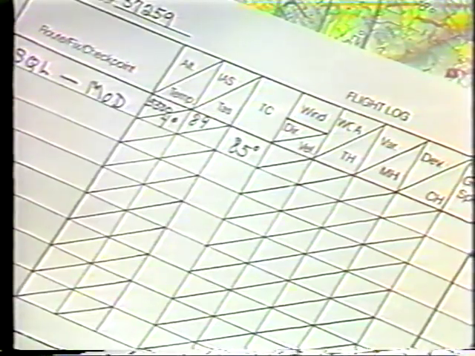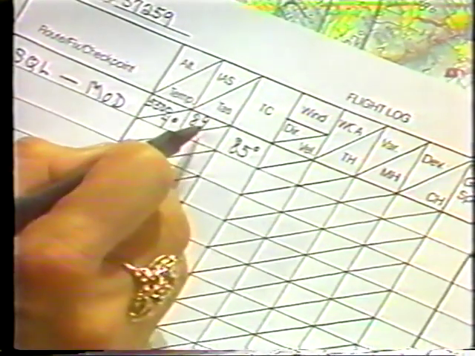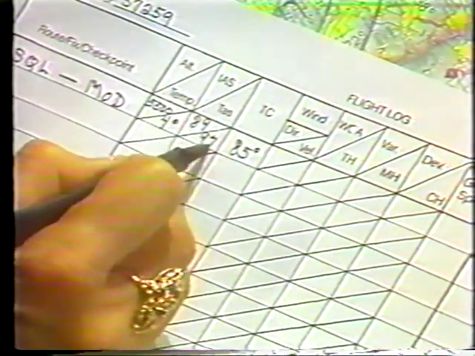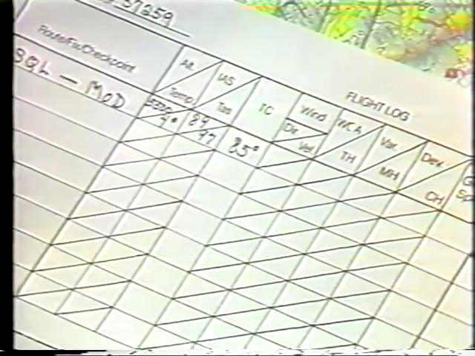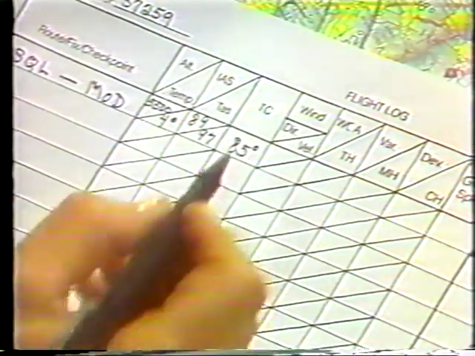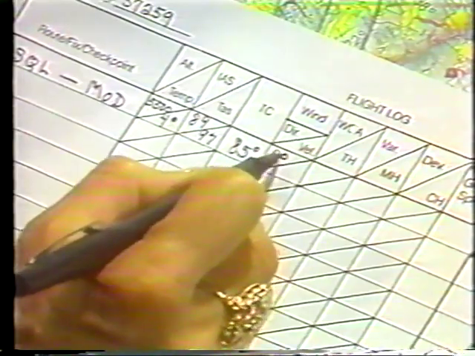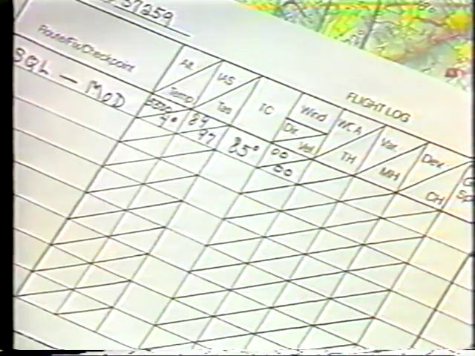True airspeed of 97 knots. Calm winds, so we enter 00. Proposed time of departure is 0900 Pacific Standard Time, or adding 8 hours, 1700 Zulu.